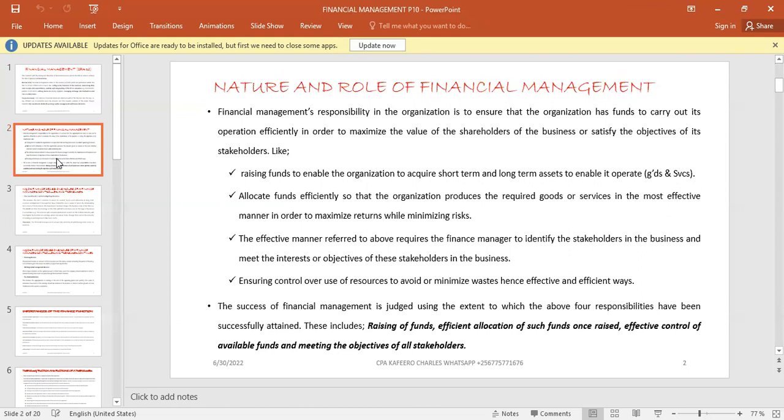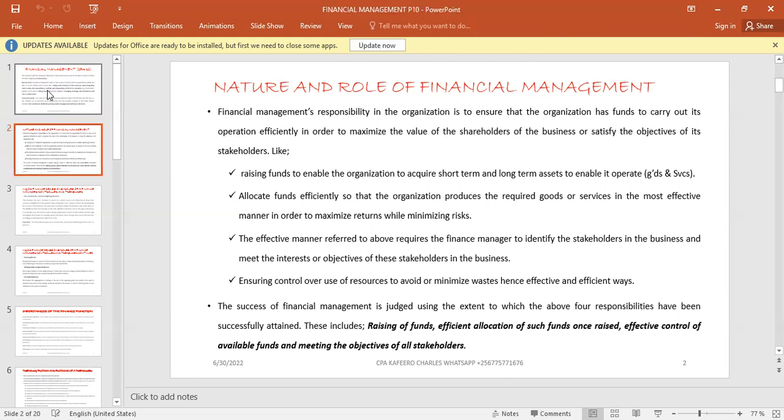Now we are looking at the role of financial management in a broad view. We are saying that financial management's responsibility in the organization is to ensure that the organization has funds to carry out its operations efficiently in order to maximize the value of shareholders of the business, or to satisfy the objectives of its stakeholders.